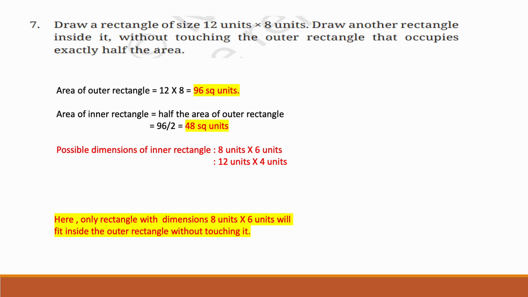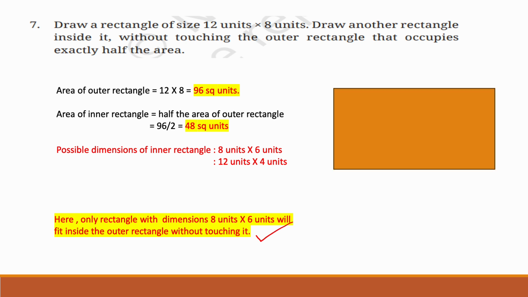Here, only the rectangle with the dimensions 8 units by 6 units will fit inside the outer rectangle without touching it. Okay, so this is the outer rectangle, this is the inner rectangle. Outer rectangle is 12 by 8 and inner rectangle is 8 by 6.